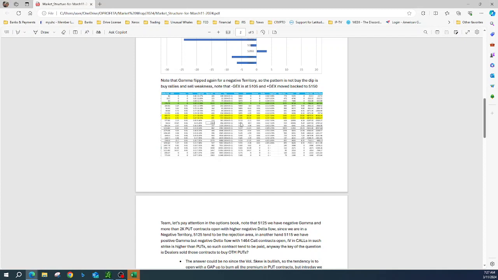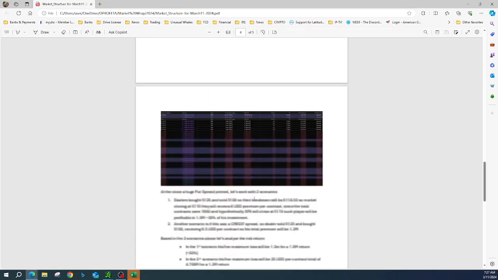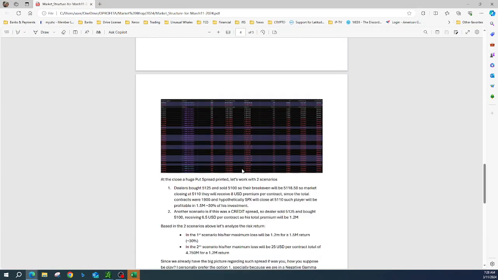So 5,110 tends to be the maximum pain. It makes total sense for this to be a debit instead of a credit spread. He bought the vertical, he didn't sell the vertical. Also, the risk-return doesn't look too attractive if he sold such a vertical. It's $25 per contract.